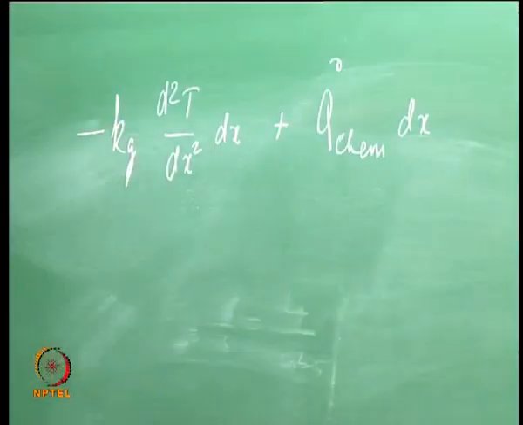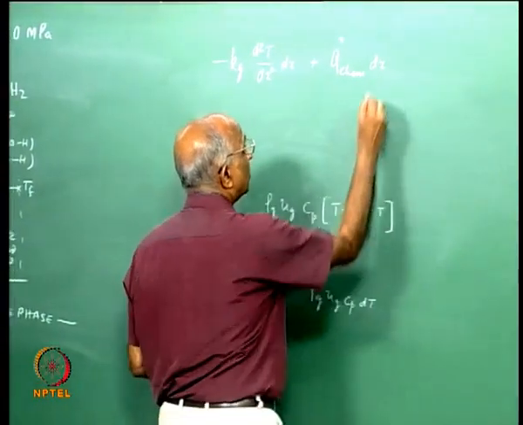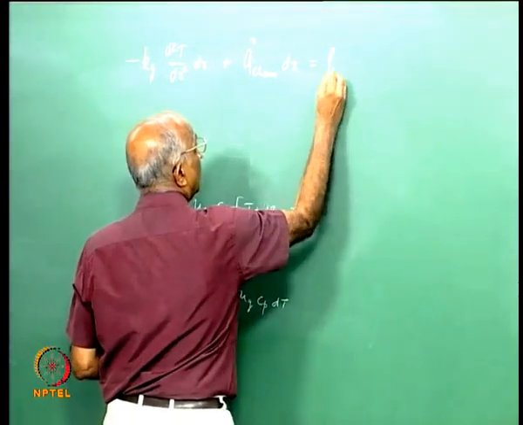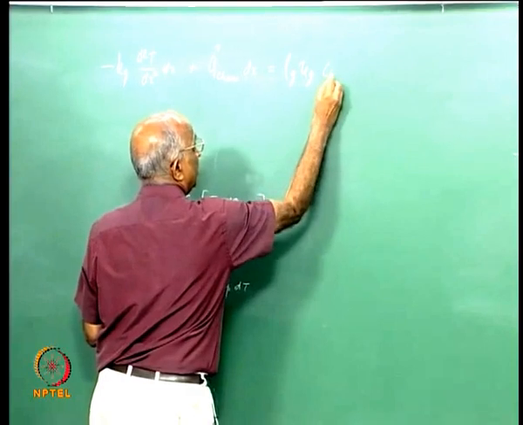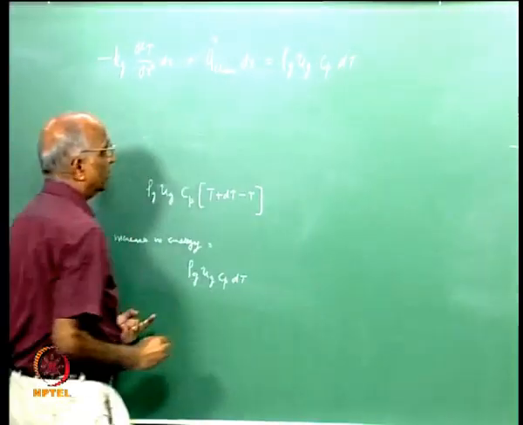And where is this heat going? It supplies this enthalpy for this, which is equal to rho g ug into Cp into dT, right.